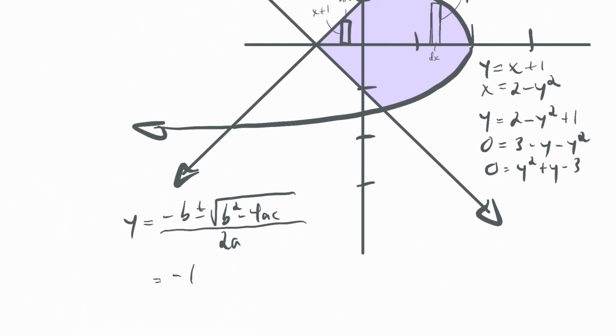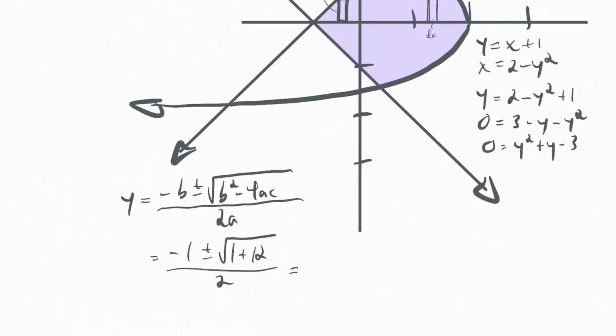So -1 plus or minus the square root of -1 squared, which is 1, minus 4 times a times c. Well, a is 1, c is -3, so that's going to be -4 times -3, so plus 12, all over 2.